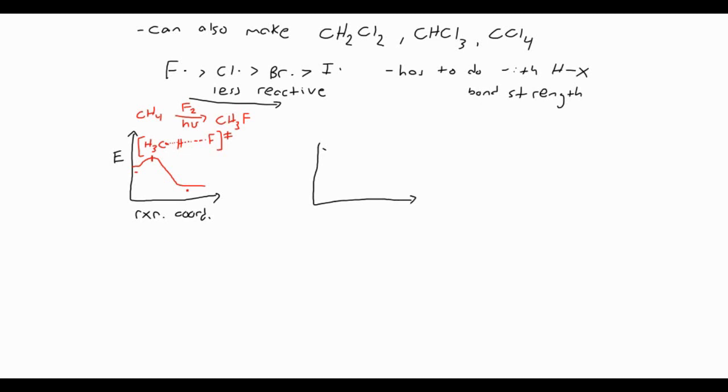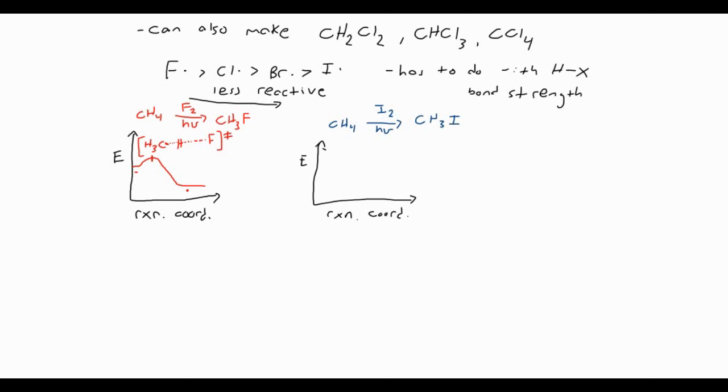if we draw another diagram the same way, except now we look at the reaction between methane and maybe iodine on the other side of the spectrum to form iodomethane or methyl iodide.